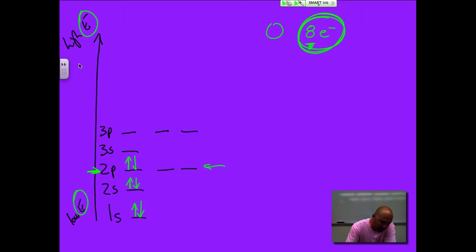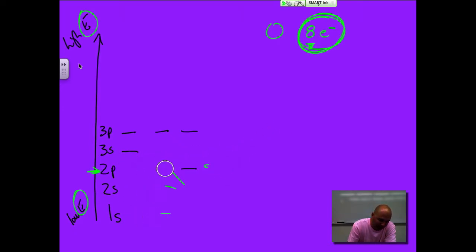If I put the 6th here, 7th here, and 8th there, how many unpaired electrons do I have? I have 0 unpaired this way. Because notice, paired, paired, paired, paired. So this is incorrect.